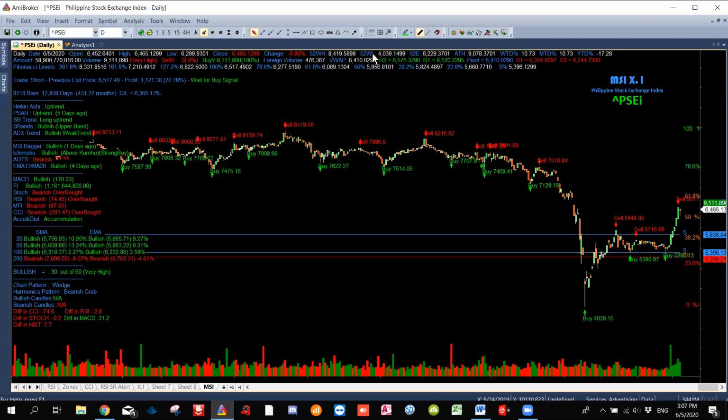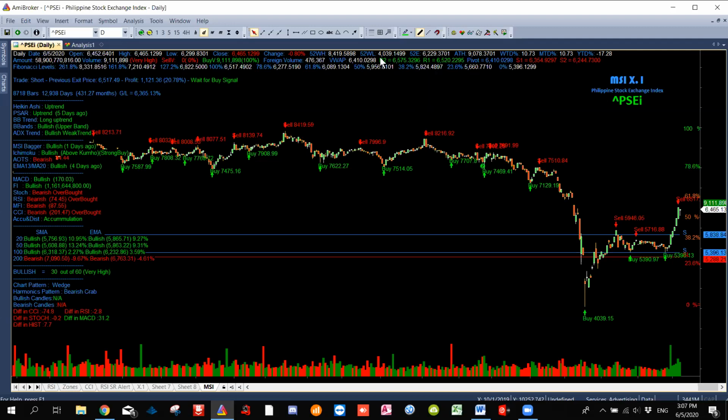Yung 52 weeks low naman is yun yung pinakamababang price na nakuha niya sa loob ng 1 year or 52 weeks. And we have the 52 equilibrium. Yung 52 equilibrium, yun yung 52 weeks high divided by 2. So yun yung middle ng 52 weeks high saka 52 weeks low.